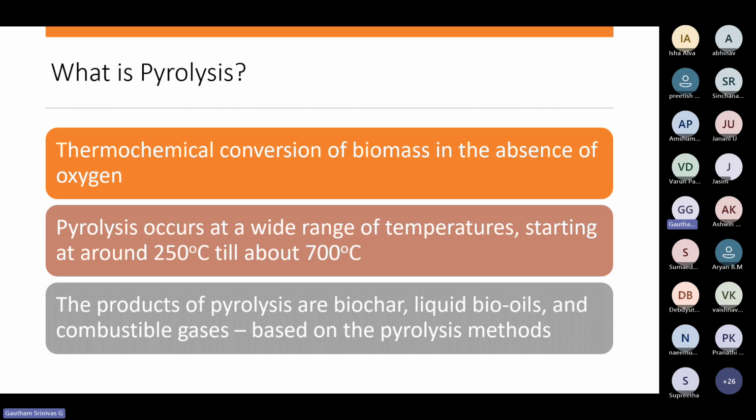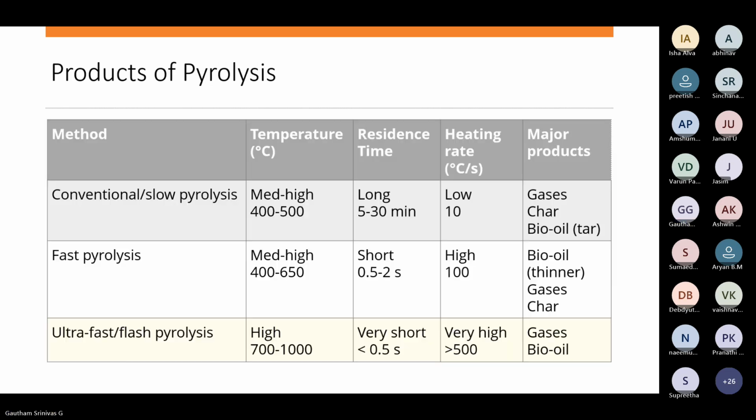So there are three products: solid, liquid, and gas. The solid product is biochar. Liquid bio oils are produced, and then combustible gases, that is the volatile gases, are produced based on the pyrolysis methods. So what are the pyrolysis methods here?